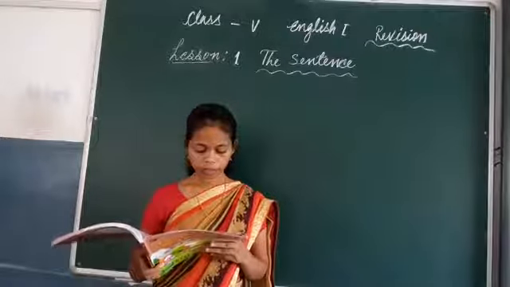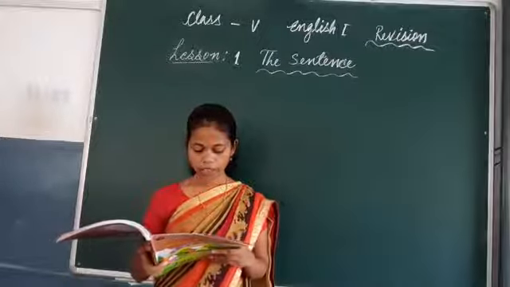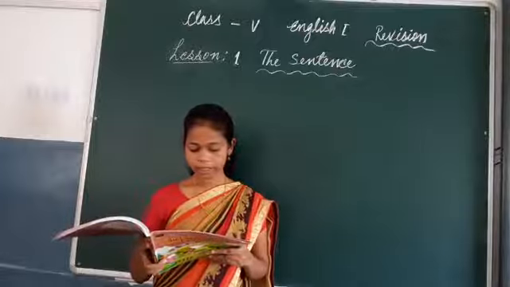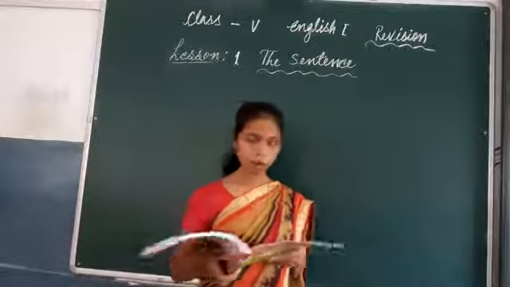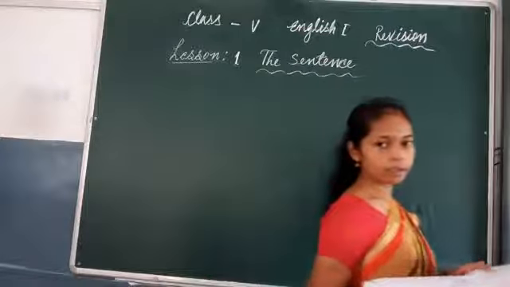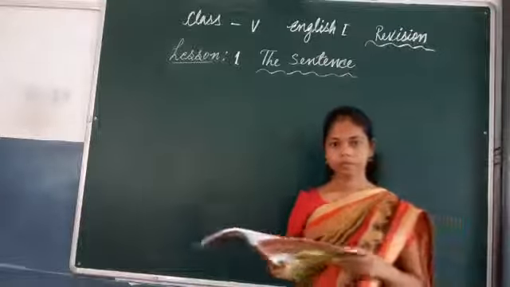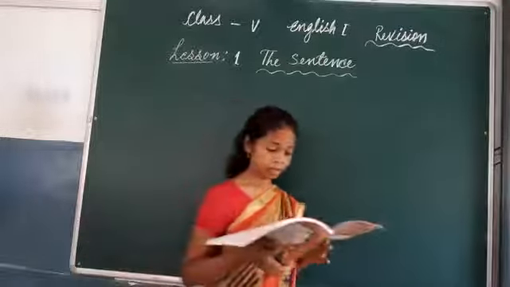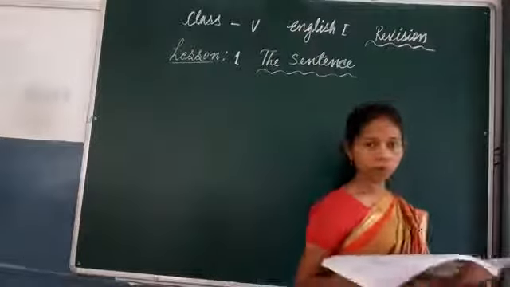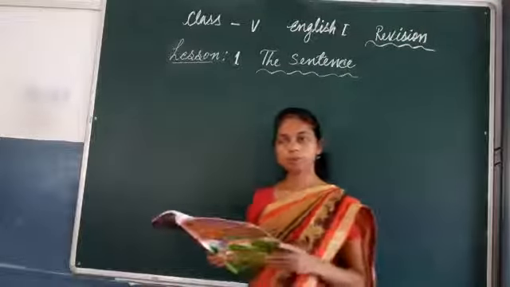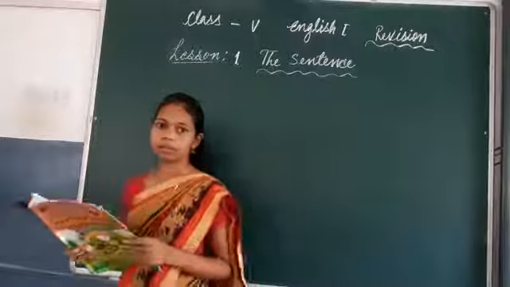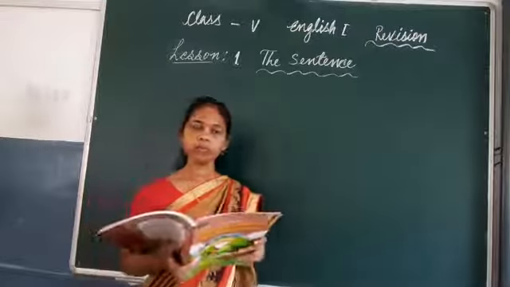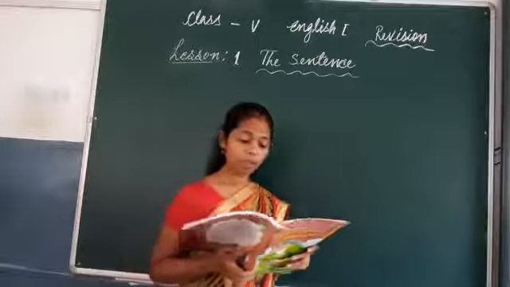Next, number 4, write 2 exclamatory sentences each beginning with how. How wonderful. Okay, how wonderful is this dress? Or oh, what will you say?